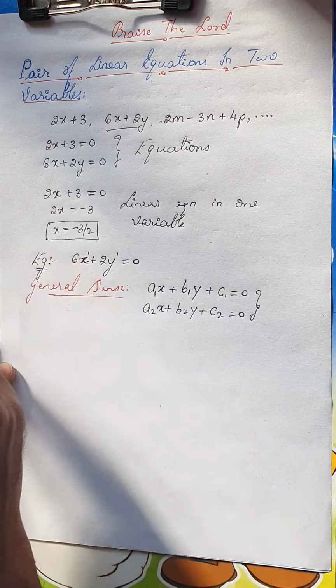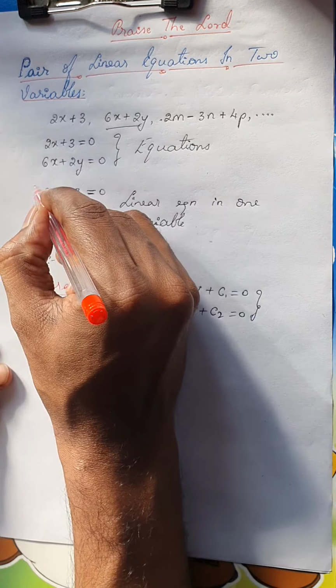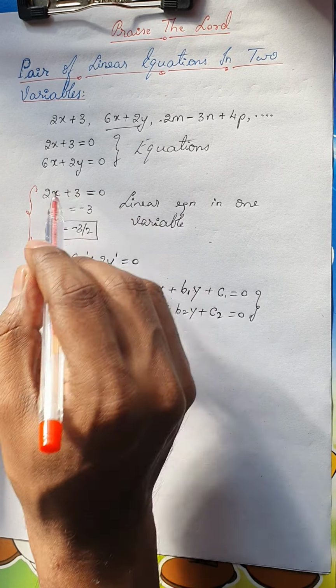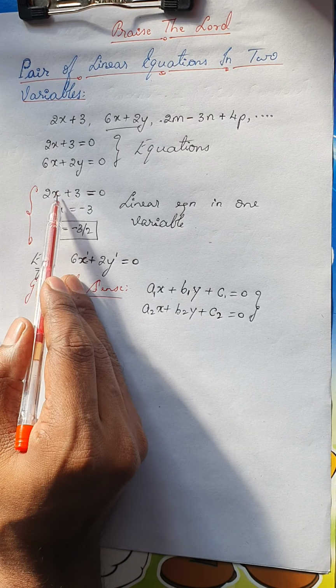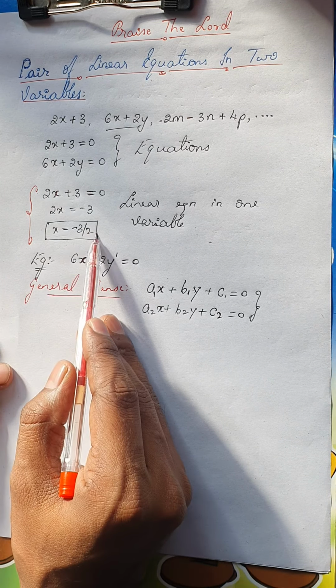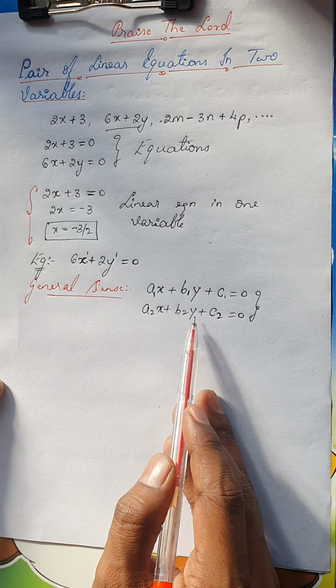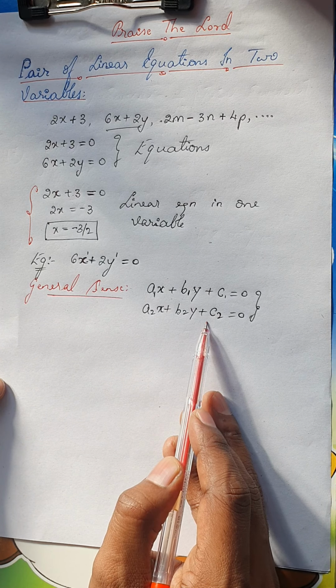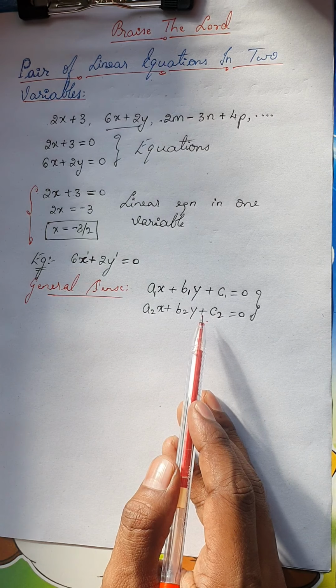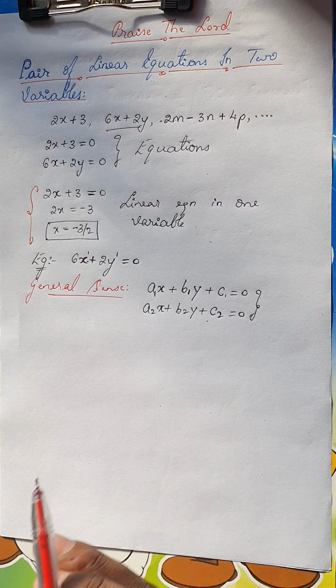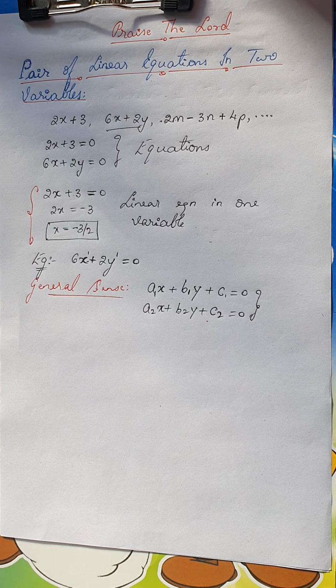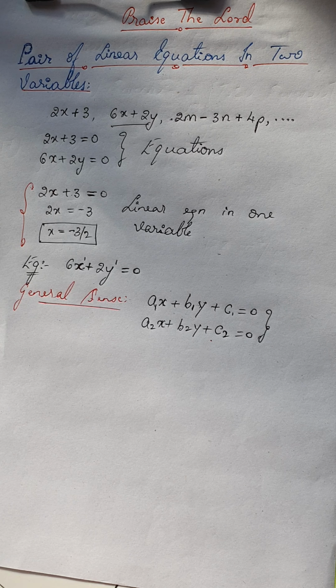In this case I had just one variable, so one equation is enough for me to find the unknown value. But if I have two unknown variables, then I need two equations. Is it clear?